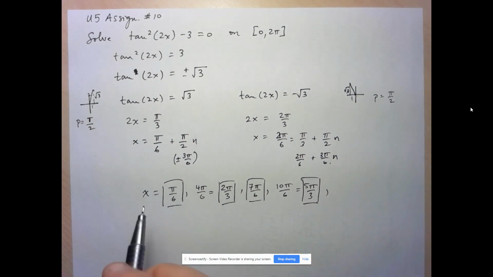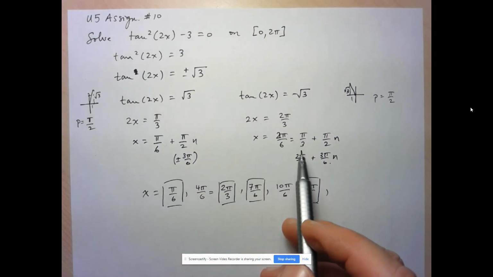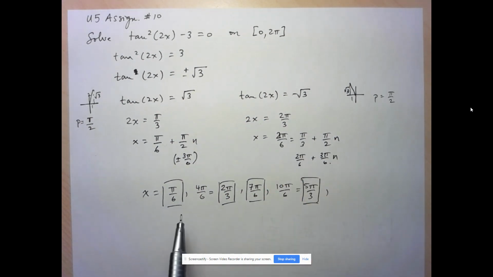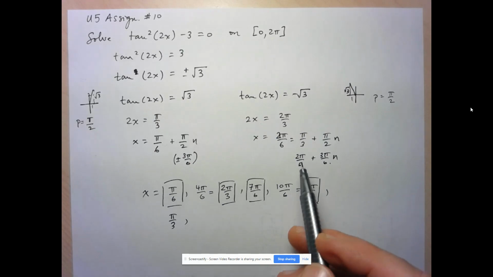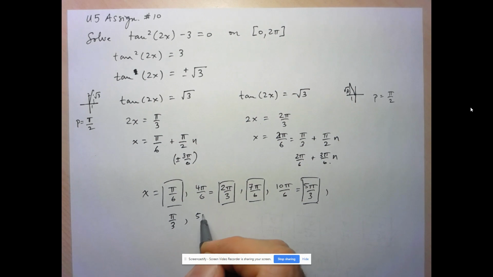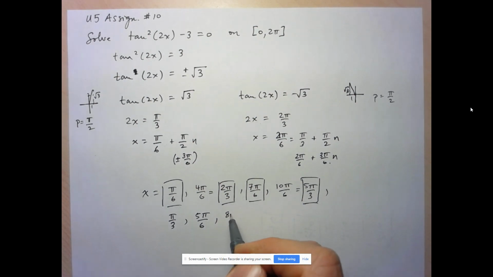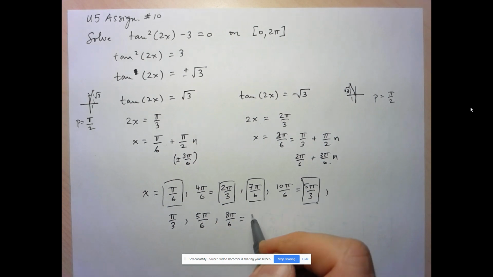Now let's list our answers from the second branch, when it's equal to negative root 3. Again, we've got pi over 3. Then, instead of pi over 3, I'll think of it as 2 pi over 6 plus 3 pi over 6, so that gives me 5 pi over 6. Let's add another 3 there. That gives me 8 pi over 6, which is just 4 pi over 3.